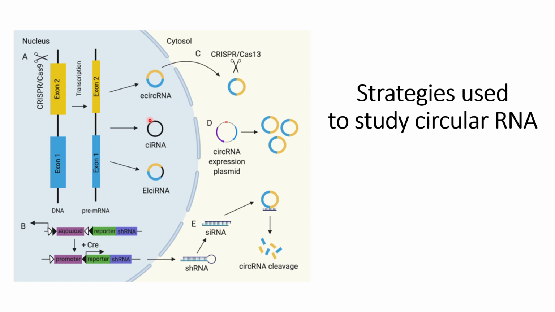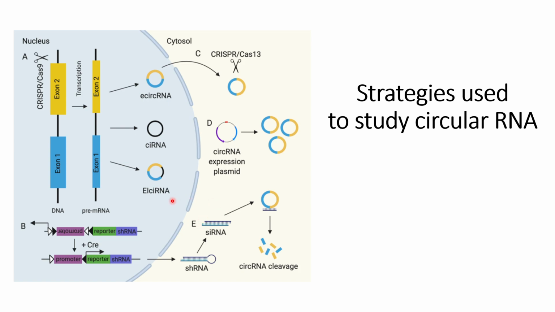And for the short hairpin RNA with the help of CRI, it will form a short interference RNA. It will cleave off the circular RNA of interest, that is designed or targeted in the short hairpin RNA.